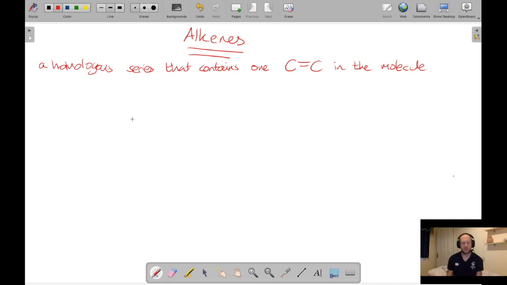So let's try and think of what these alkenes could be. Alkenes are named exactly the same as alkanes, except instead of saying ane at the end, we say ene, because it's not an alkane, it's an alkene. So for instance, C2H6, which is this, is called ethane.